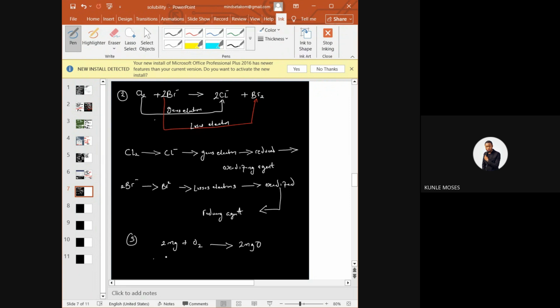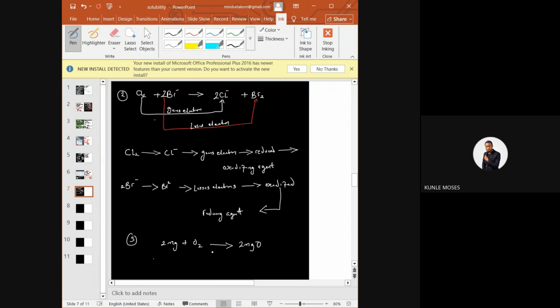Okay, so you are right. You can see Mg2. If you look at the oxidation number of Mg here, so if you want to use the oxidation number, from Mg to Mg2 plus, it simply means it has lost electron.